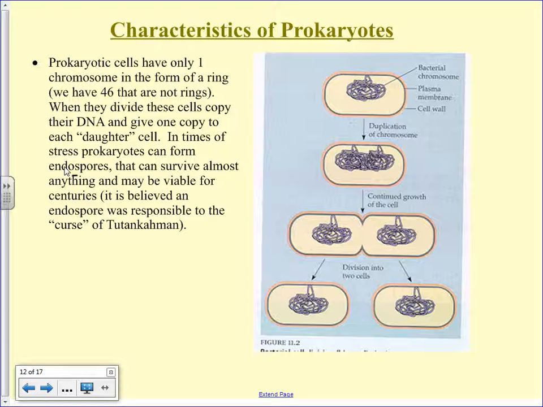Well, actually, more modern evidence would say that there was bacteria that had gone dormant within the tomb, possibly what King Tut had died of, who knows. When they opened up the sarcophagus, all the dust came out, and they inhaled these dormant bacteria, which then got into a place where, hey, it's 37 degrees, there's lots of water here, let's go, let's party. And they made these people sick enough to die. So bacteria can go dormant for long periods of time, and then when conditions are right, just perk right back up again.